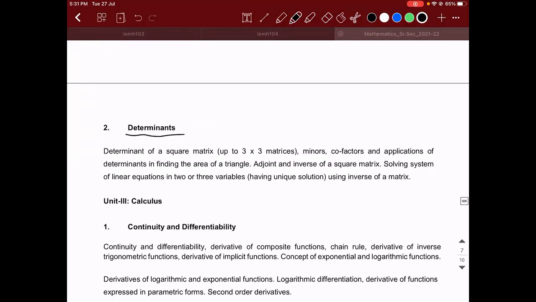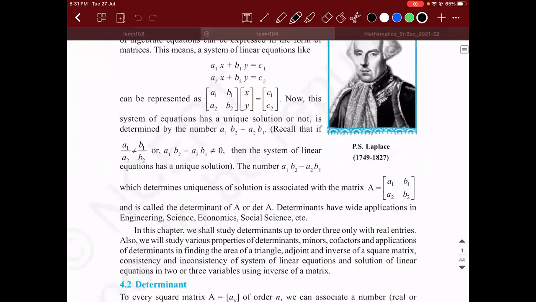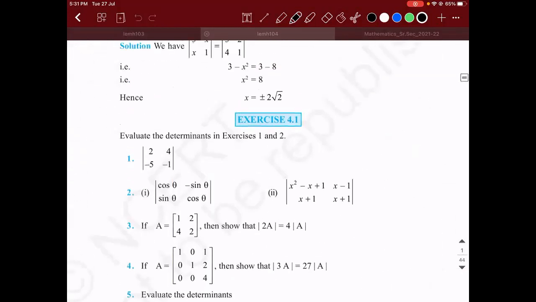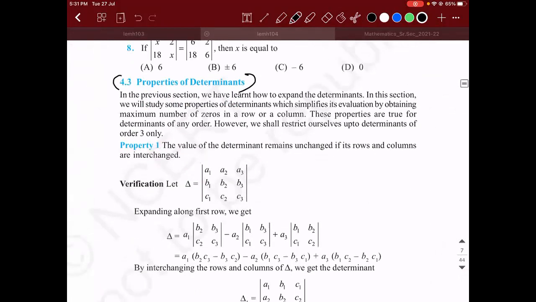Next, determinants. Determinant of a square matrix is there. The properties, exercise 4.2, is removed. It is not there.